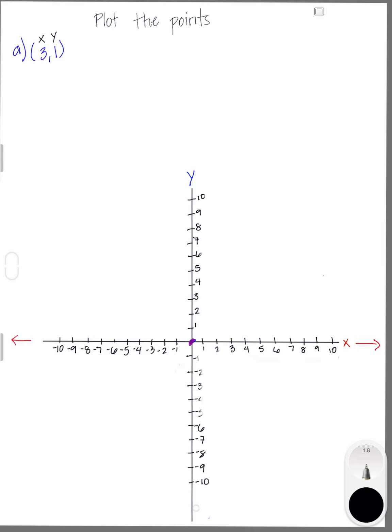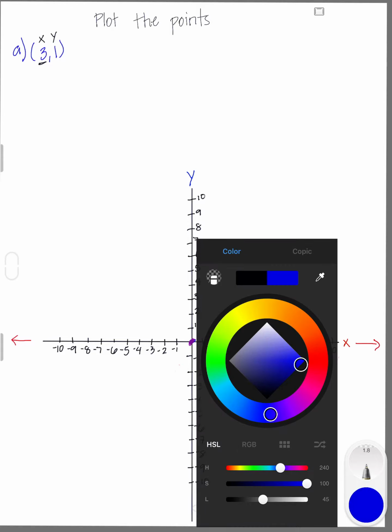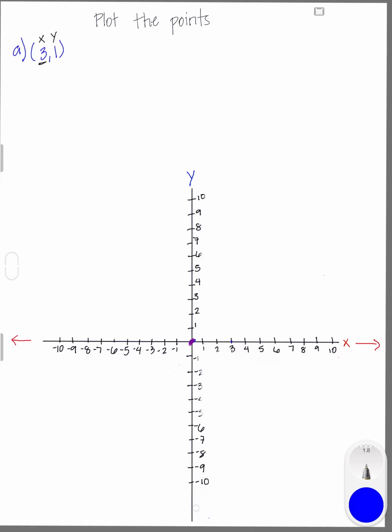So first we look at x and then we look at y. Our x value here is 3. That means on our coordinate plane we're gonna go to x equals 3, right? And then from there, once we are at 3, we're gonna move up to 1. So notice how we have y equals 1 and x equals 3. So this is the point 3, 1.